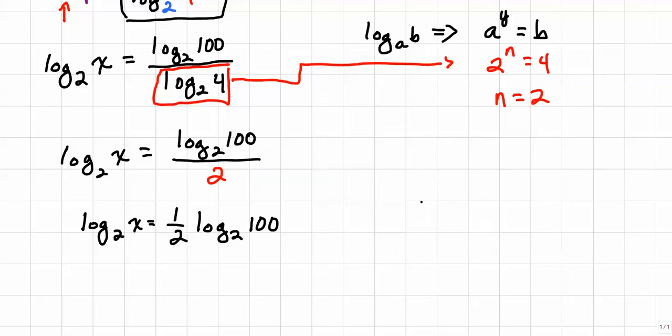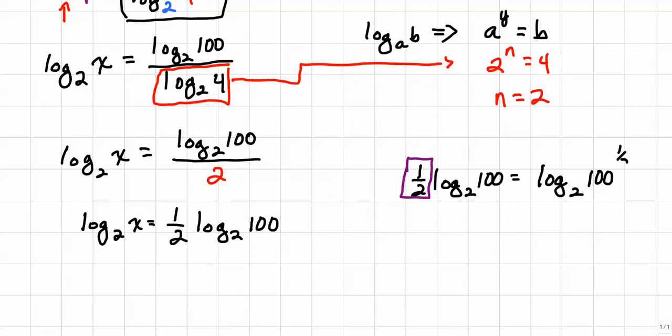But remember that if we have a coefficient in front of a logarithmic expression, it can be rewritten as an exponent. So I can look at 1/2 times the log base 2 of 100, and I can rewrite that by taking this right here and using it as an exponent. So I end up with log base 2 of 100 to the 1/2 power.